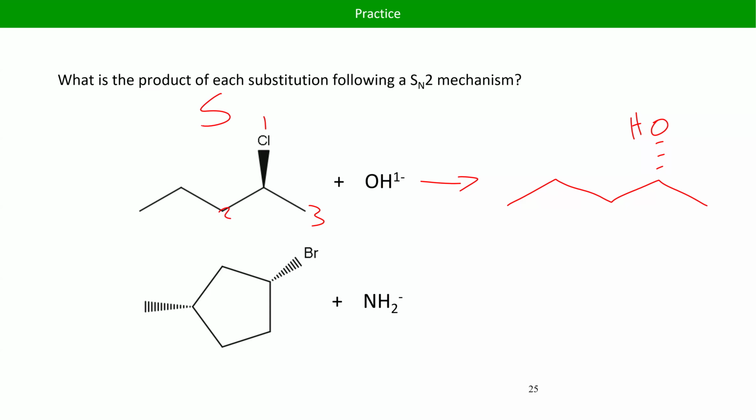It flips because that's now gonna be our number one, right? Because that's our new number one, if it's in the back, then it's gonna be opposite. So it still looks like 1 to 2 to 3 counterclockwise, but it's opposite. So we step through. We started with S, we get R.